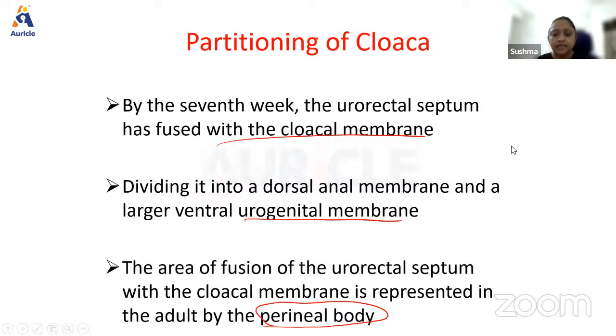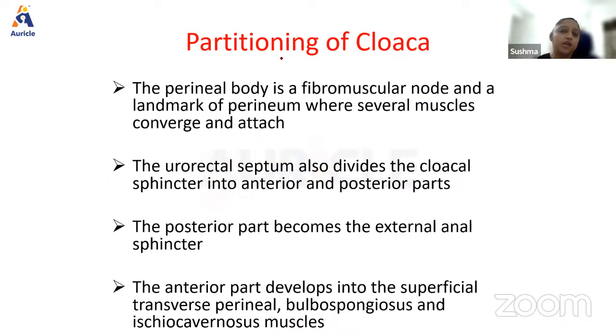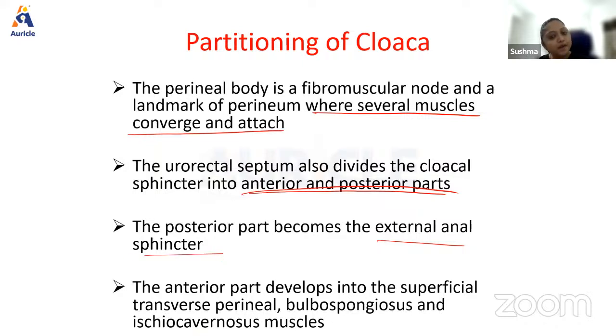The perineal body is a fibromuscular node and a landmark of the perineum where several muscles converge and attach. Now, this urorectal septum also divides the cloacal sphincter into anterior and posterior parts. The posterior part becomes the external anal sphincter. The anterior part develops into the superficial transverse perineal, bulbospongiosus and ischiocavernosus muscles.